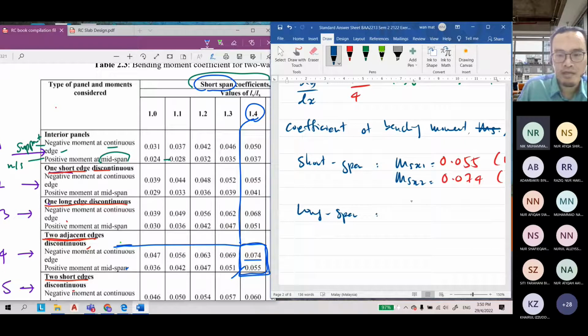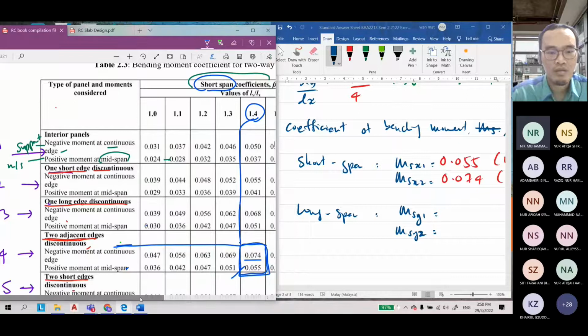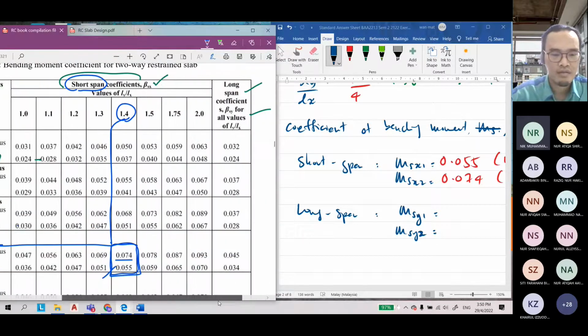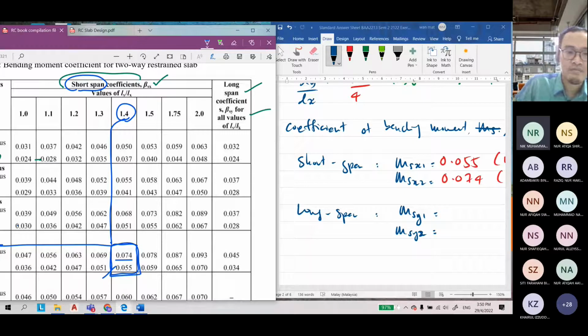For long span, msy1 and msy2. So which value to refer to? Here. Which value to refer to for msy1? This one.